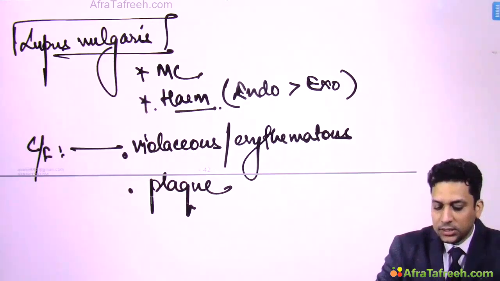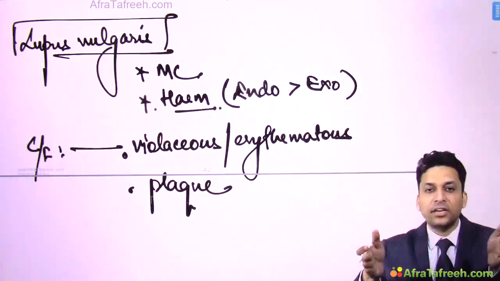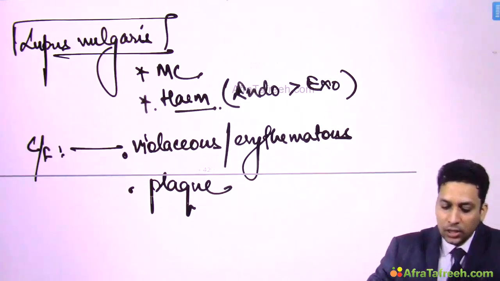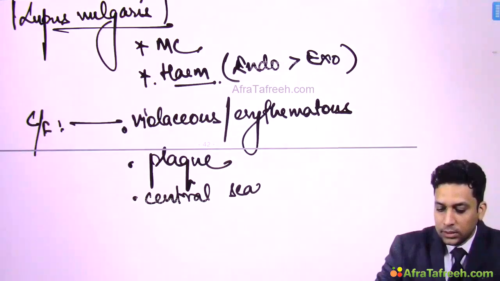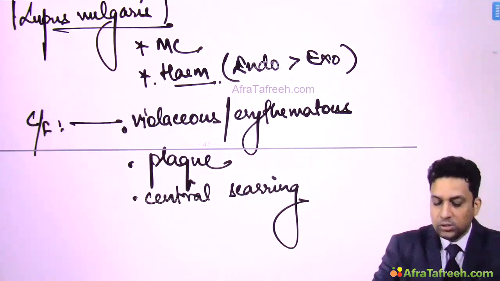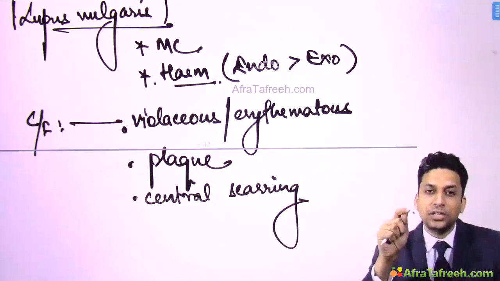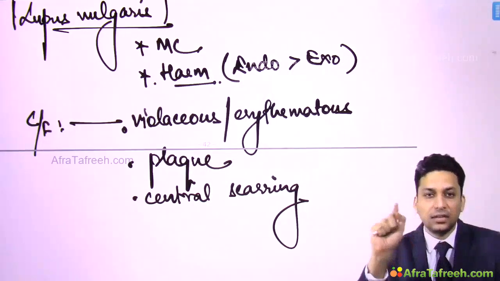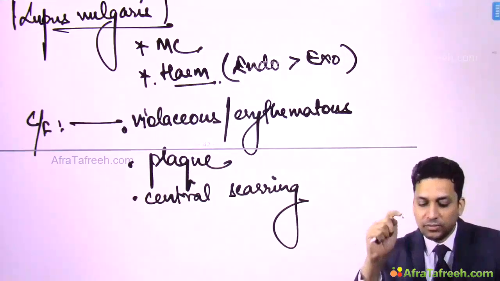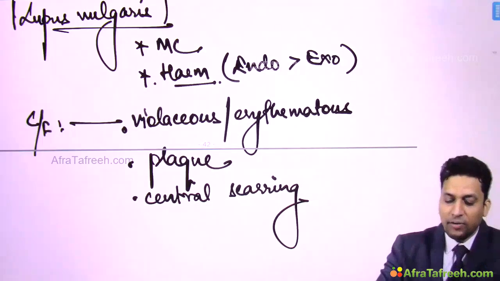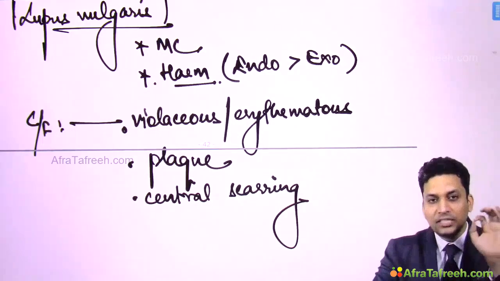Plaques we have already discussed, these are solid raised lesions which have horizontal diameter more than vertical. So violaceous or erythematous plaque with central scarring. I also told you that if central clearing is mentioned, they are talking about tinea. If central crusting is mentioned, they are talking about leishmaniasis, and central scarring is seen in lupus vulgaris. So violaceous means purplish and erythematous means reddish.